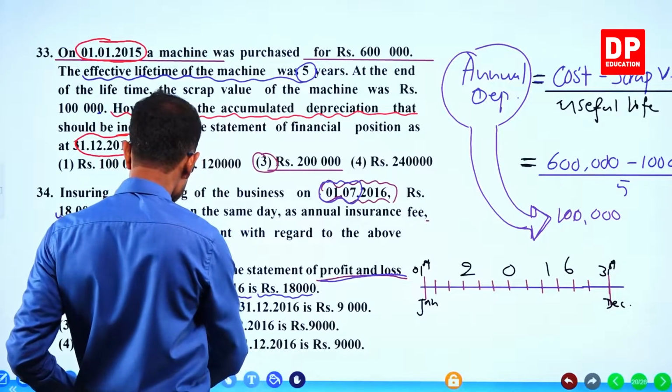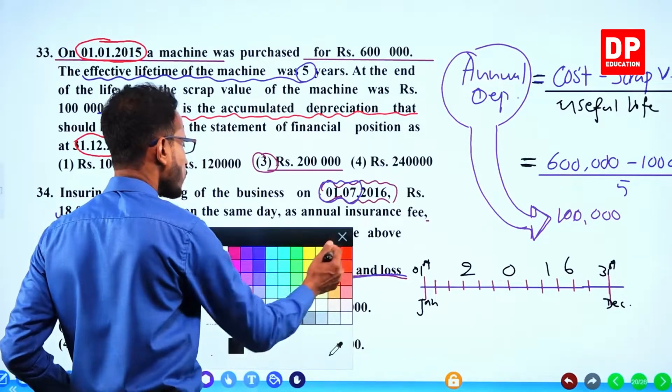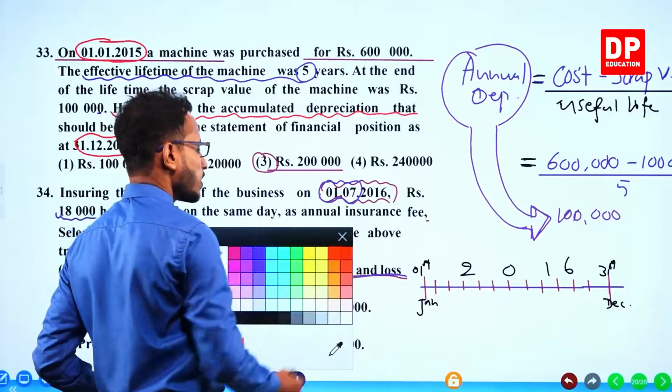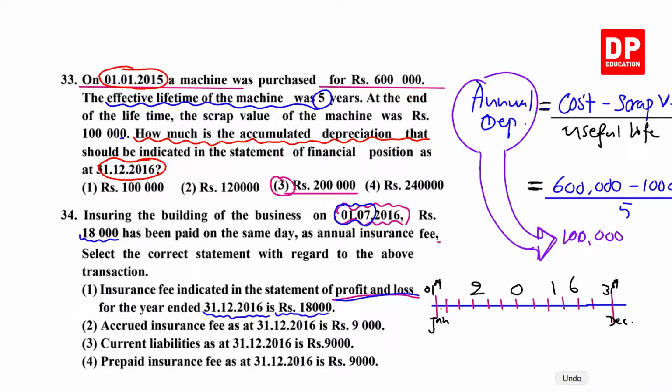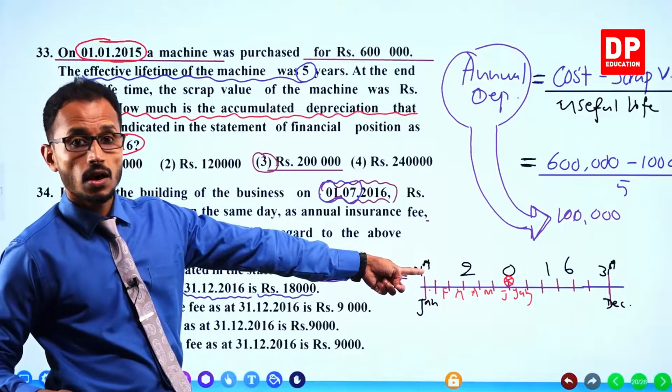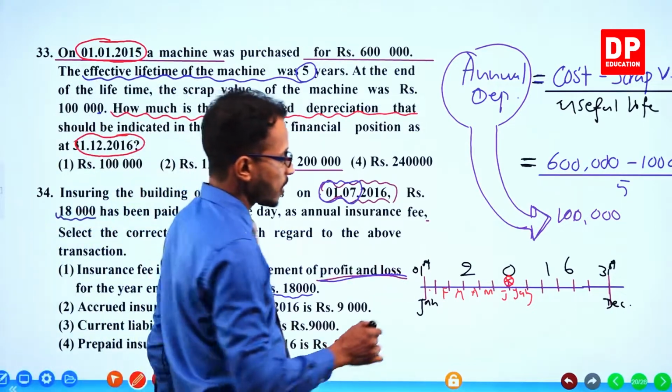Let's say this is January, February, March, April, May, June, and this is July. This is the point they have taken insurance. 1st of July they have taken insurance.